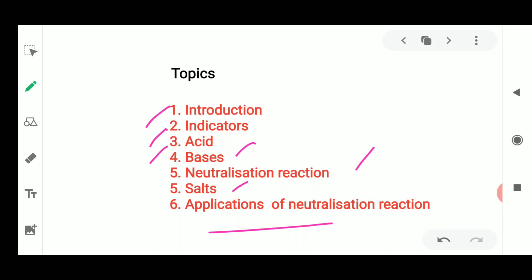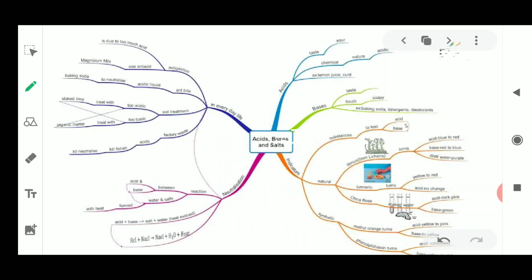Okay, now before starting the first topic, let us see what all connections are present in this lesson. Acids, bases and salts mainly will be composed of the explanation of acids, bases and the salts as well as the indicators.